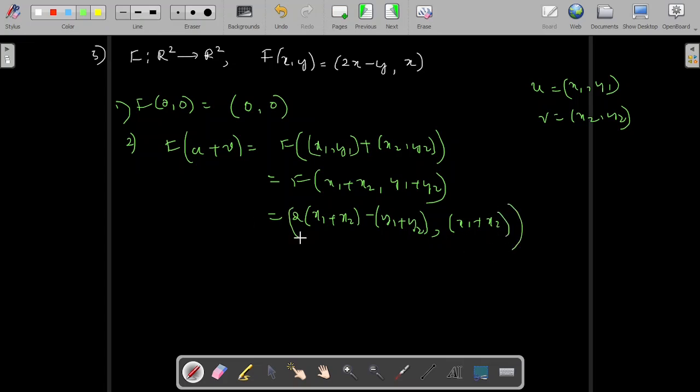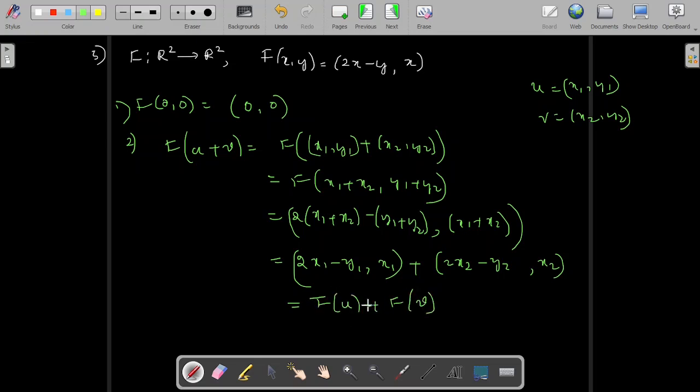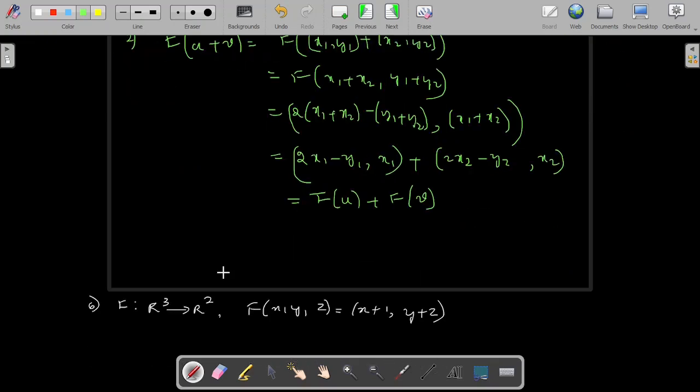So this can be further simplified as (2x1 minus y1, x1) plus (2x2 minus y2, x2). Rearranging all this, this is nothing but f of u plus f of v. f of (x1, y1) goes to this and f of (x2, y2) goes to this. Therefore it is preserving the vector addition.